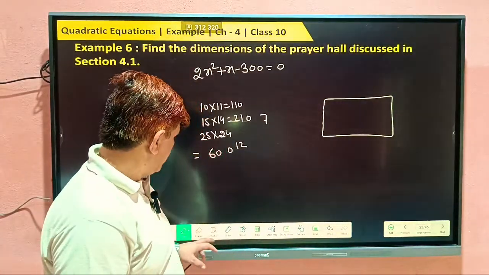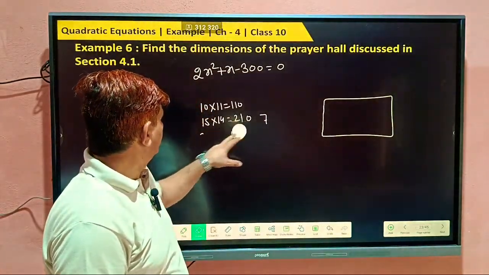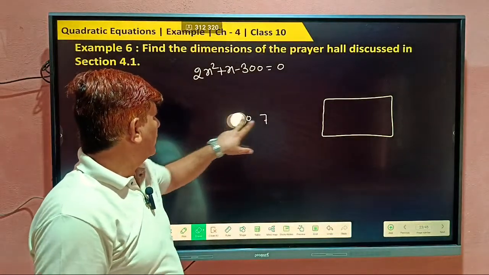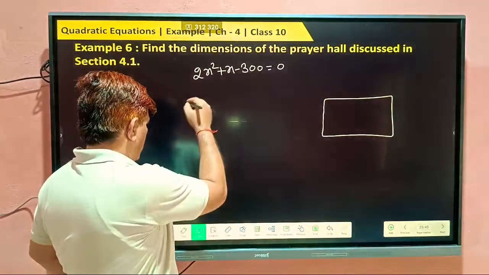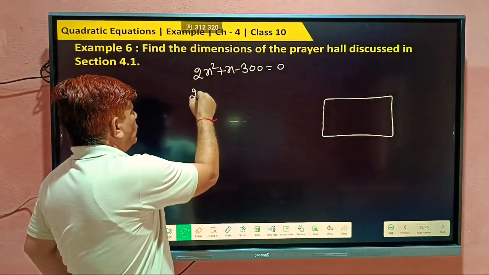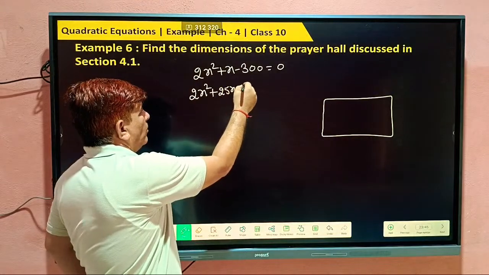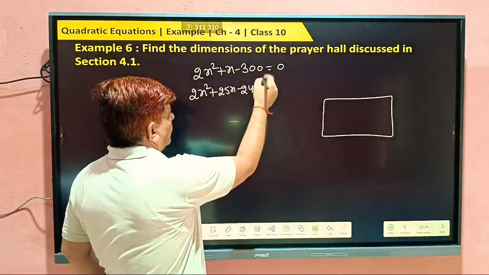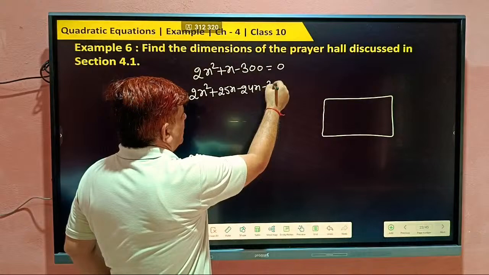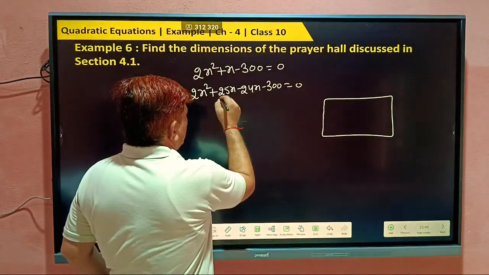This is coming. So what can I write here? 2x square plus 25x minus 24x minus 300 equal to 0. This factorization, right or not?